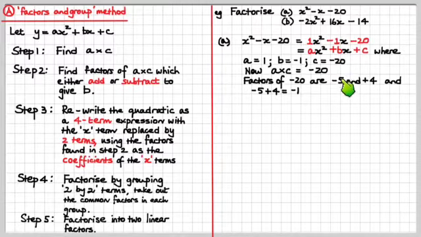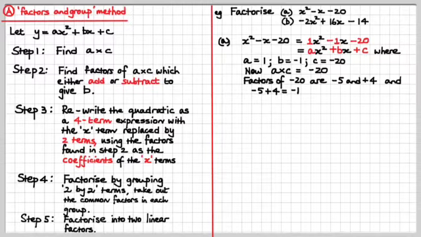And you can see that minus 5 plus 4 gets us to minus 1. So that's what I'm talking about over here in step 2, where we find factors of a times c, which either add or subtract to get b. See, now it's all becoming clear, isn't it? Yes, it is. It's becoming clear.